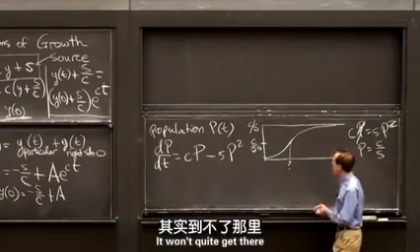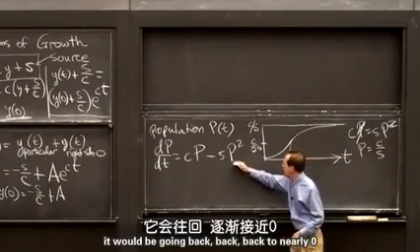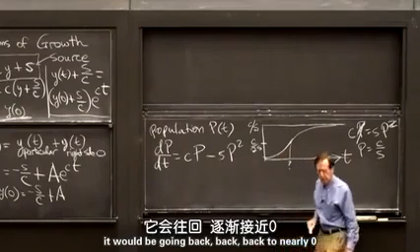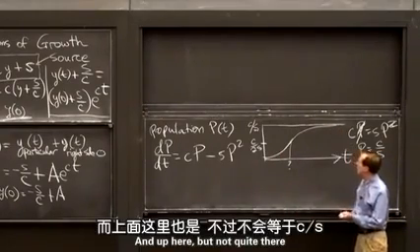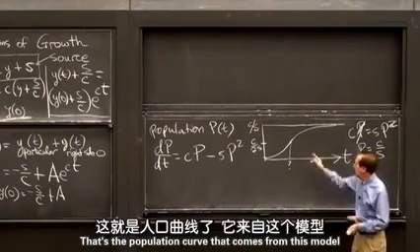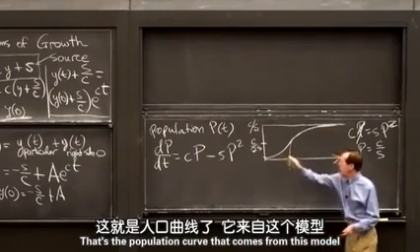It won't quite get there. This would be the S curve, and if I went back in time, it would be going back to nearly 0, probably to 2, but not quite there. That's the population curve that comes from this model.